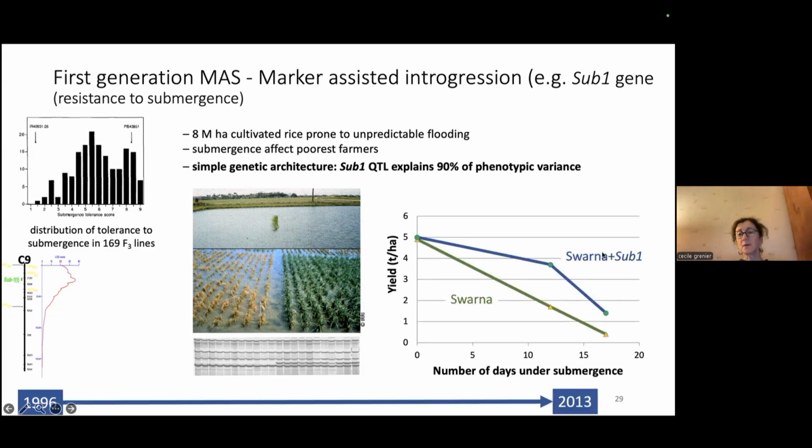So the idea was to integrate this SUB1 QTL into a susceptible line, which improves significantly the tolerance to submergence. It took a while, from 1996 to 2013, about 17 years, to really make a difference in submergence tolerance owing to the integration of SUB1.